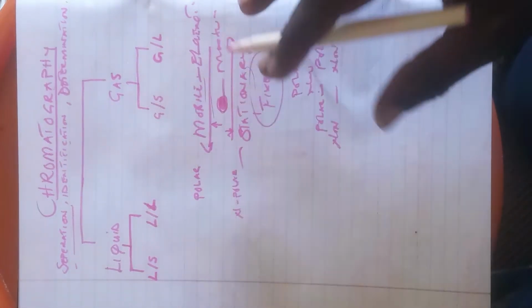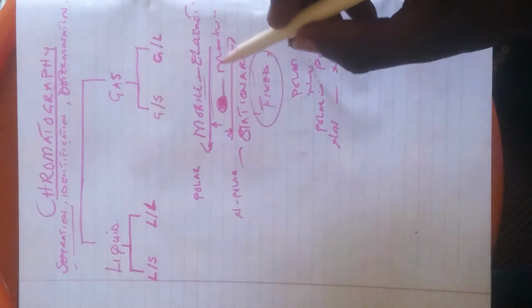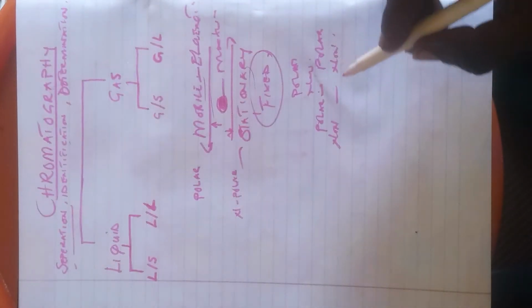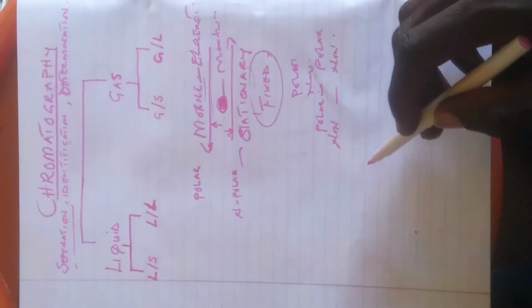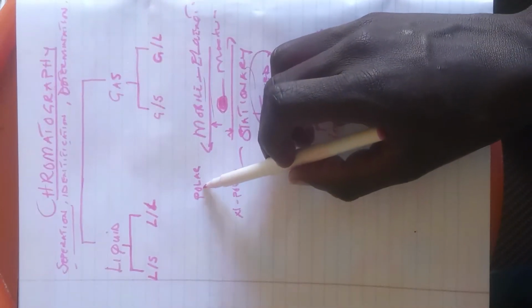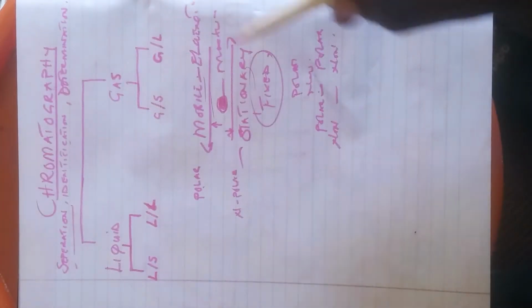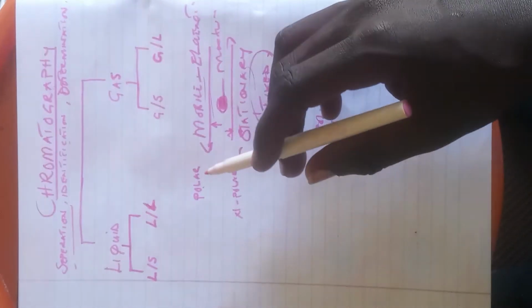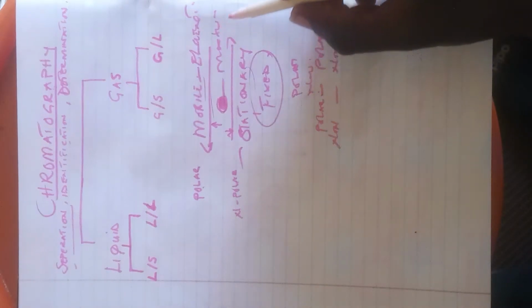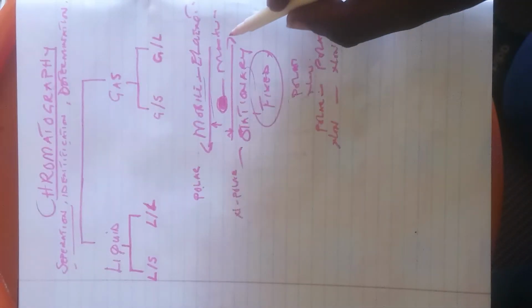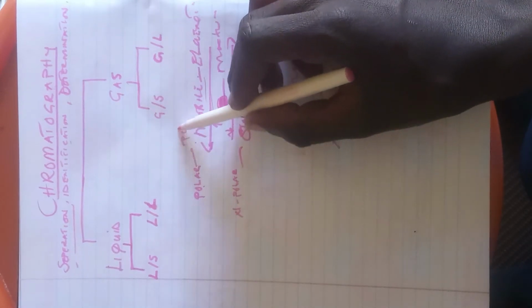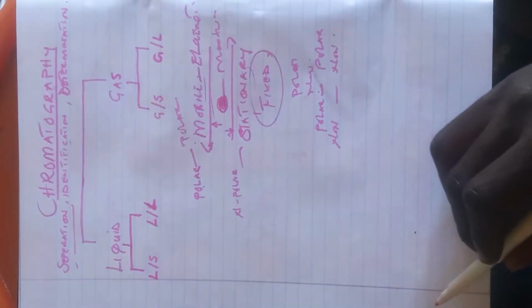So let's say we have a mixture with polar molecules, and the mobile phase is polar. When migration starts, the polar molecules will be interacting with the mobile phase, since polar interacts with polar.